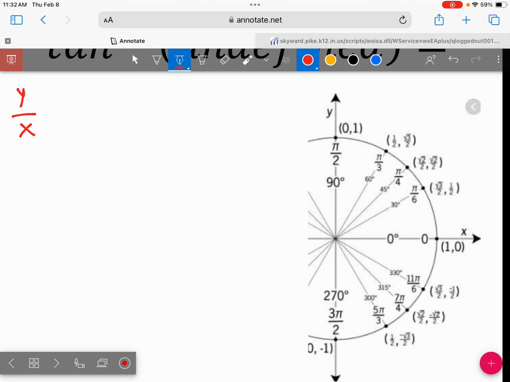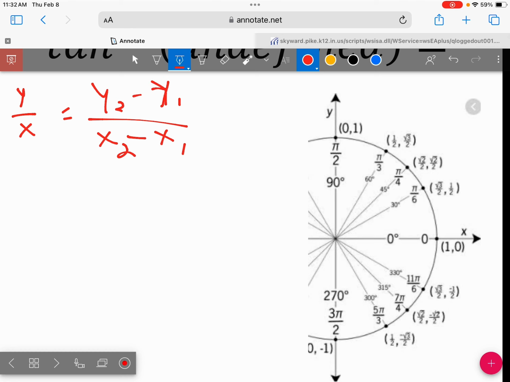One way we can think about tangent is as the slope of the line connecting our point with the origin. And the reason we're allowed to think about tangent like that is because the slope formula that you probably learned back in Algebra 2 was y2 minus y1 over x2 minus x1.